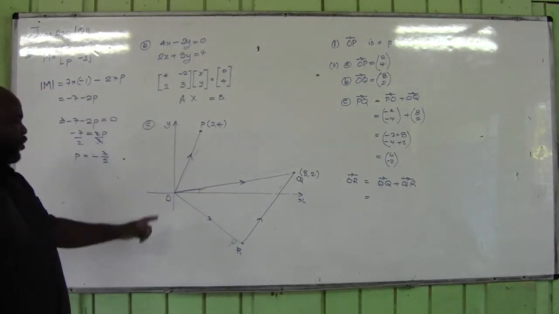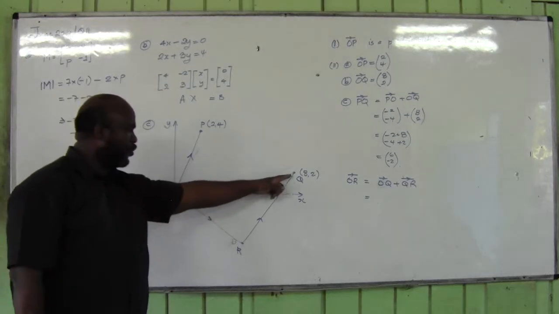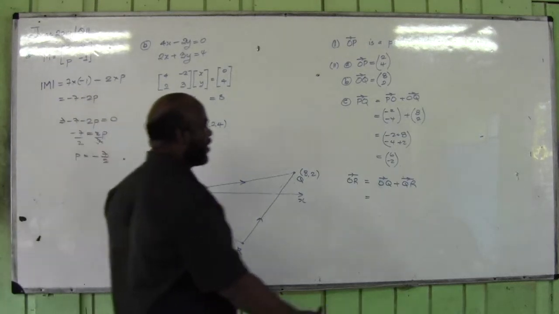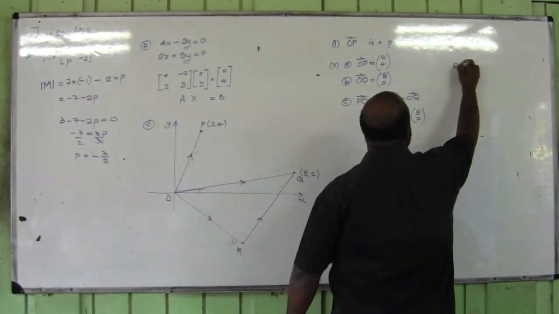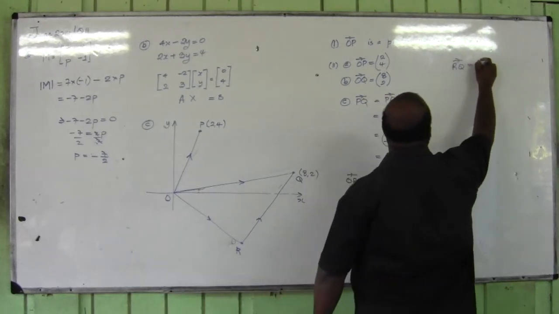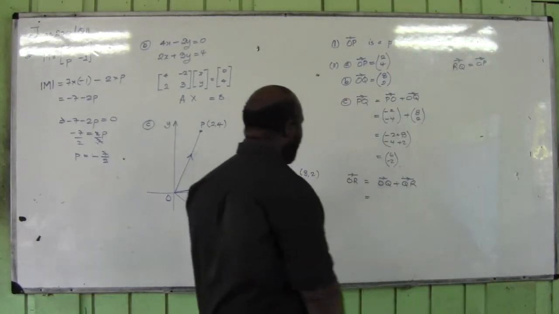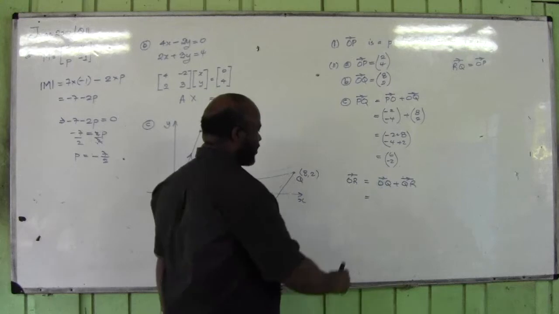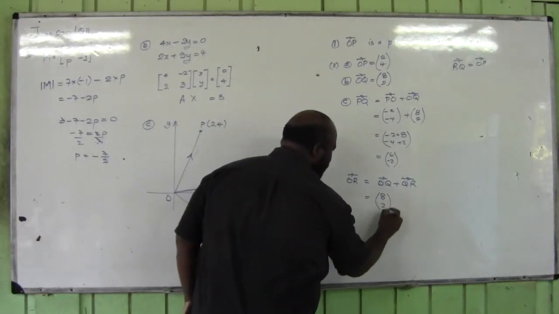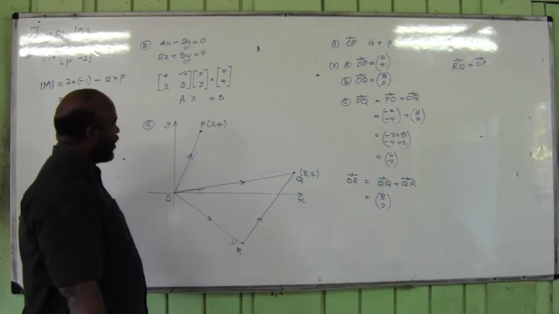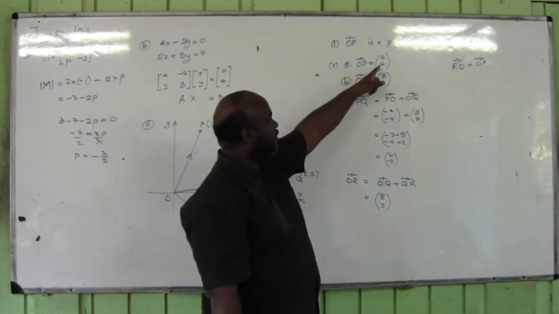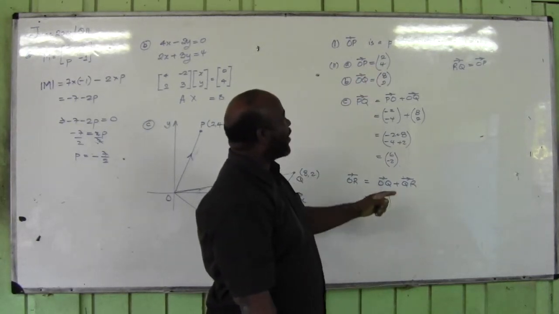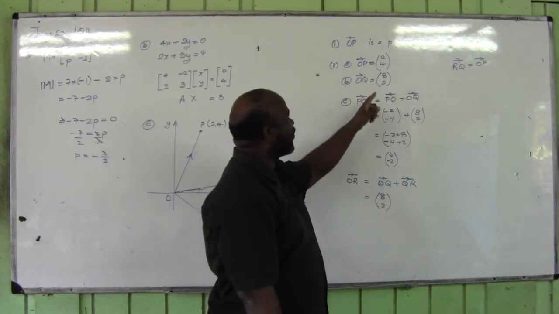OR would be equal to OQ plus QR. But remember, we were told that RQ is the same as OP. What is OQ? (8, 2). What is RQ? The same as OP, which is (2, 4).